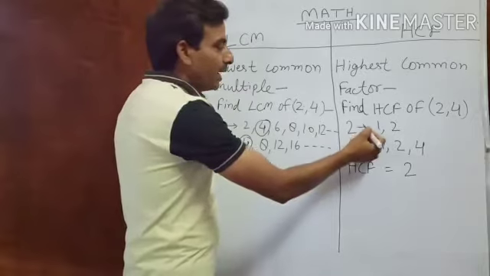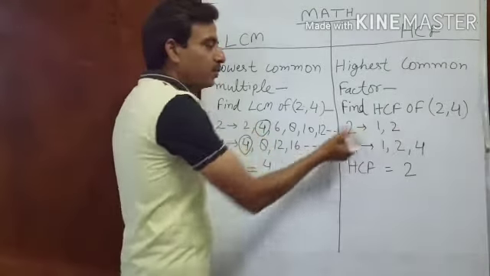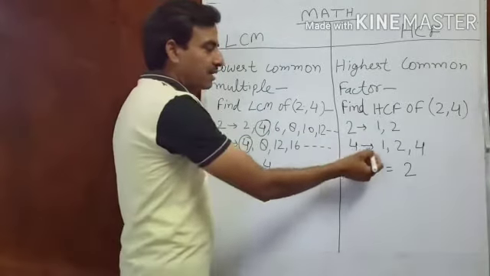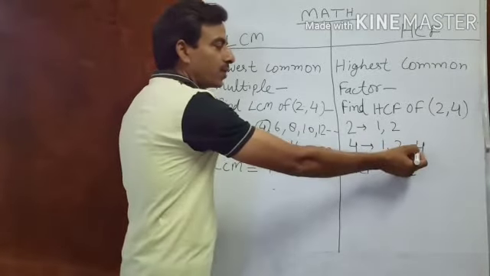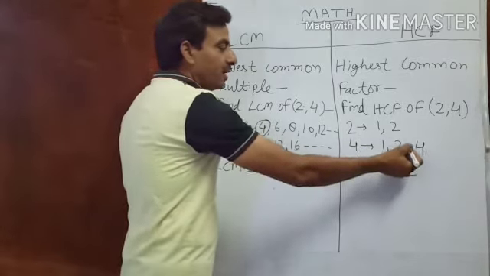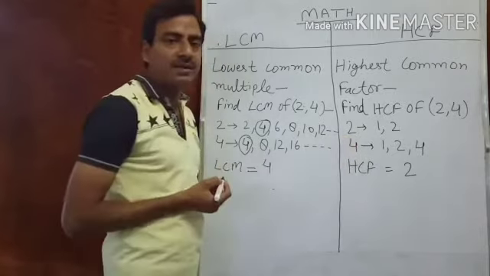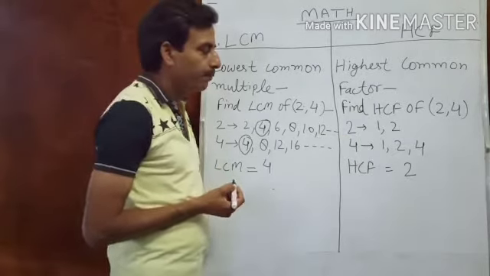Here the factors of 2 are 1 and 2, so 2 can be divided by 1 and 2 both, and the factors of 4 are 1, 2 and 4. It means this 4 can be divided by 1, 2 and 4. All three numbers will divide 4 completely, exactly, without any remainder.